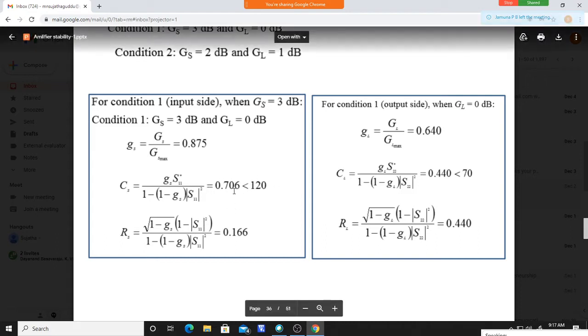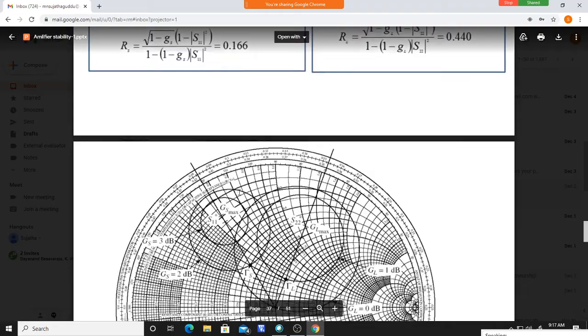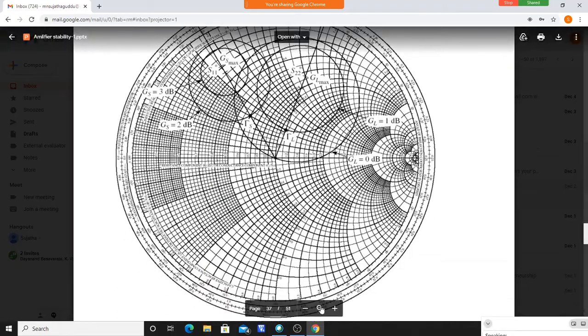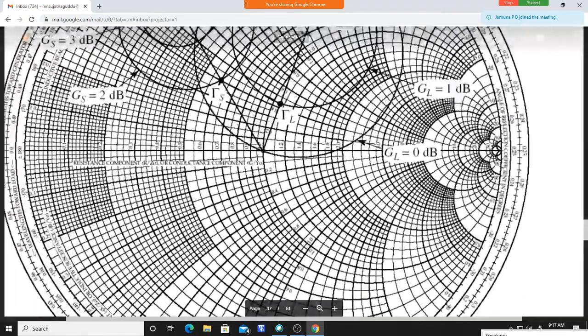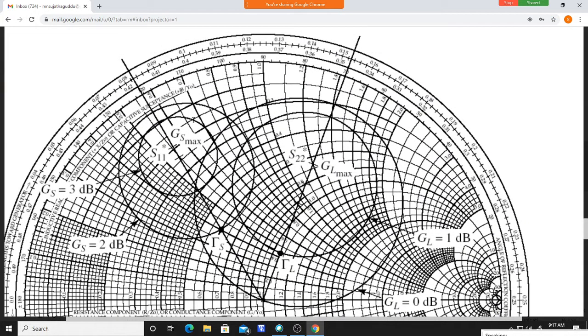That is the constant 3 dB circle. You see here, the circle is drawn. This is the GS 3 dB circle. I already said how to draw this.